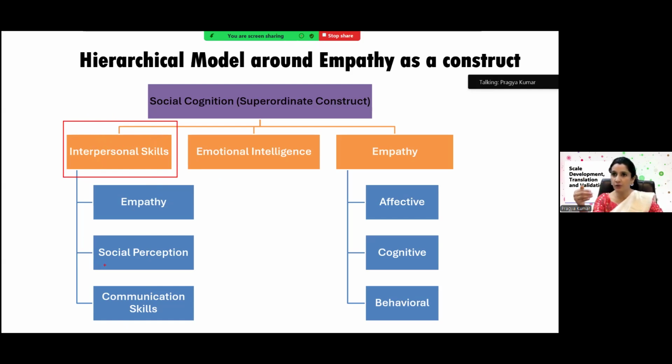Then again, Dr. Saurabh is asking, in a hierarchical model, will all experts suggest items of each construct? Generally in a hierarchical model, it is done using in-depth interviews and focus group discussions. It is not like one person will suggest. You conduct many rounds of in-depth interviews.